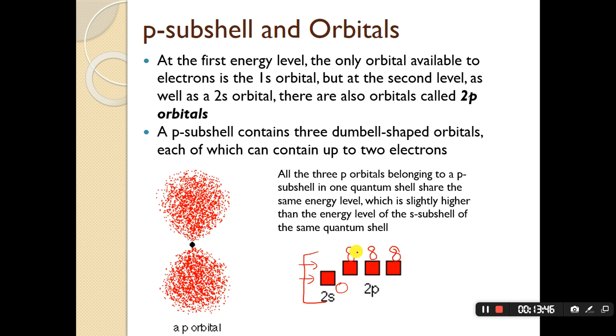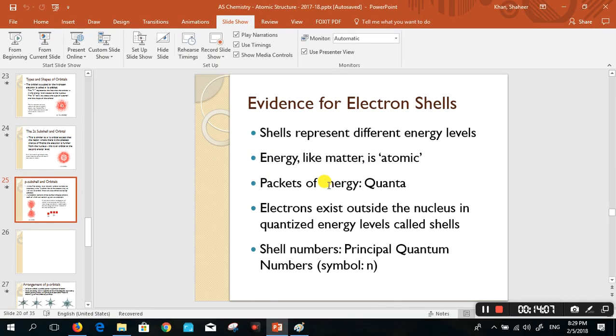Now how do these 3 dumbbells exist around the nucleus? How is it that we are getting this shape, and what would the atom look like if all of them were represented together? This is something that you would be able to understand better through a video that I have for you. I just want to show that.